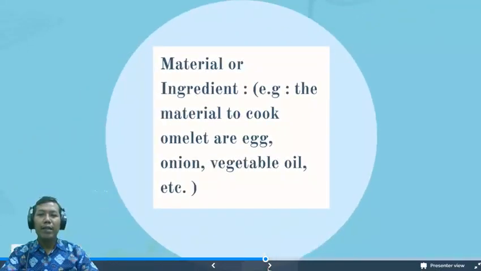The second is the materials. Materials, tools, ingredients are similar, but sometimes in operating something you do not need to use them. But in making or doing something, you must use the materials.